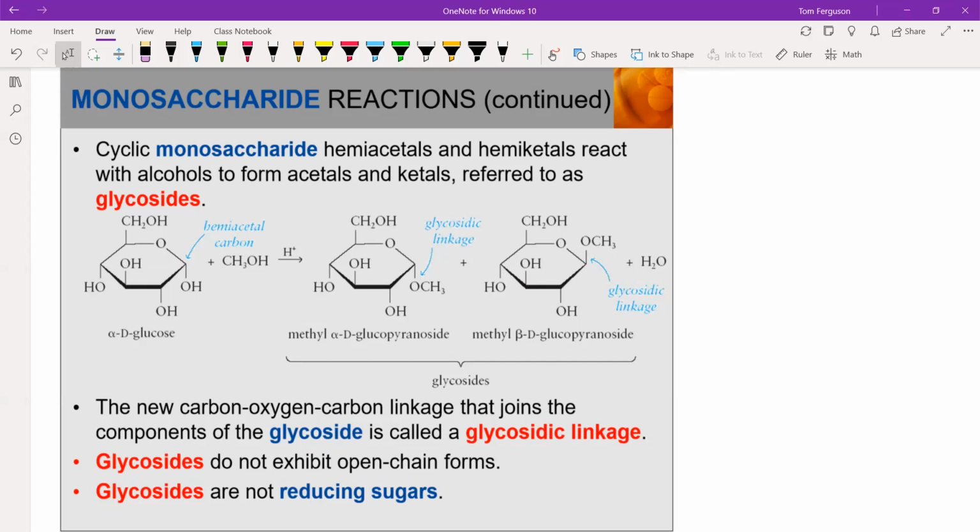I touched upon it a minute ago with these guys opening up to aldehydes. So right now, I'm going to stop. I'm going to go back to the aldehyde ketone chapter and talk about these acetals and ketals because they're simpler in the aldehyde ketone chapter. So yes.